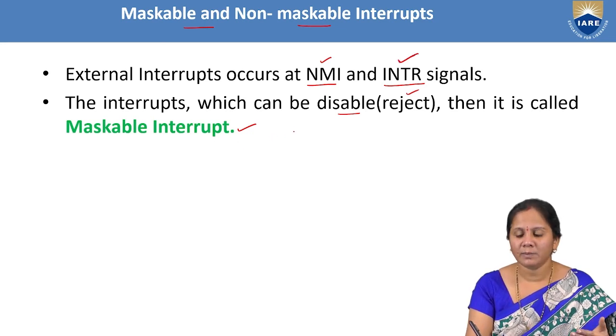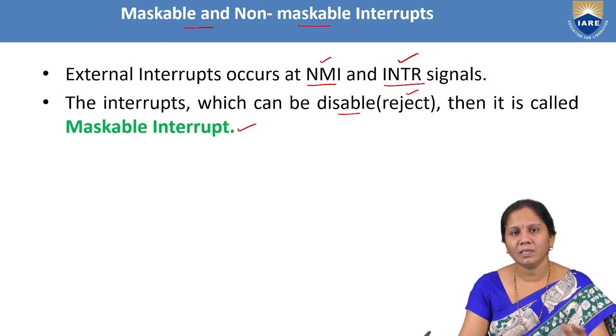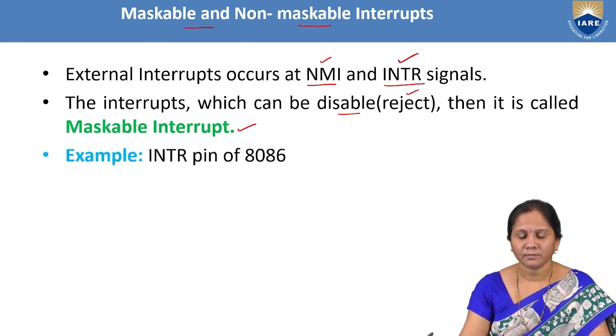That is why, if any interrupt comes through the INTR signal, we call it a maskable interrupt, because masking means ignoring. That particular interrupt will not be executed. So the example is the INTR pin of the 8086 microprocessor.